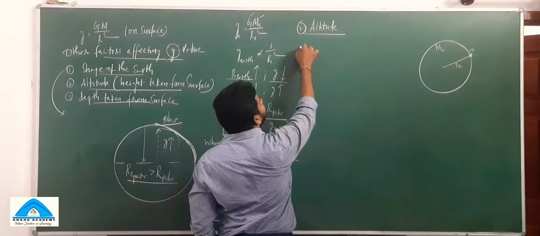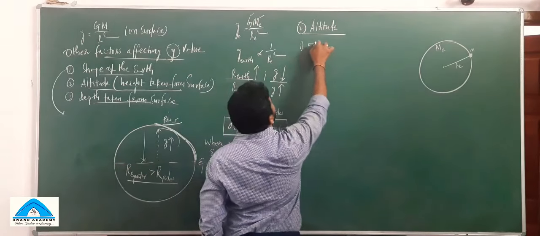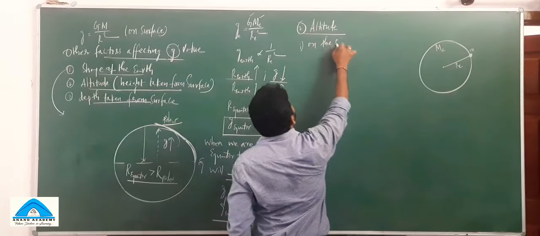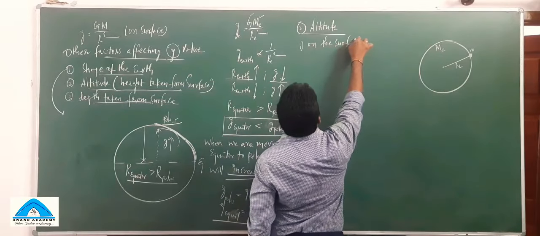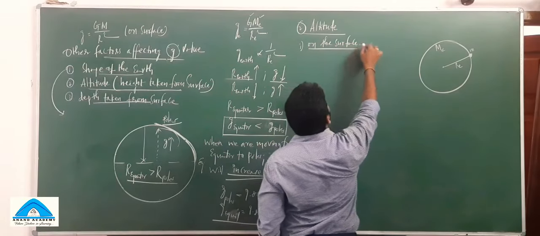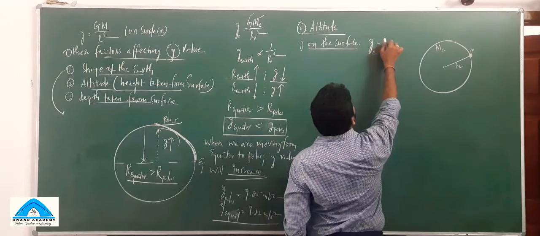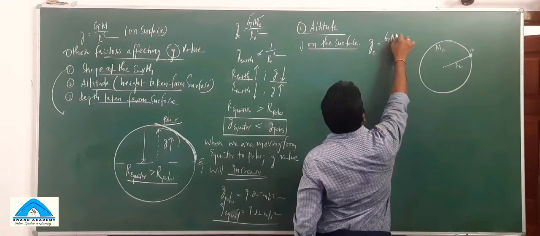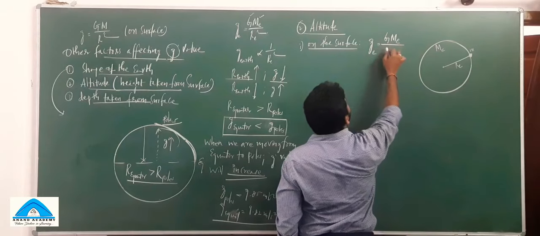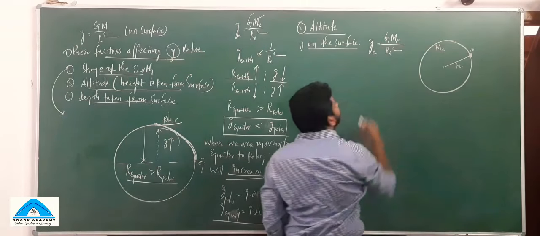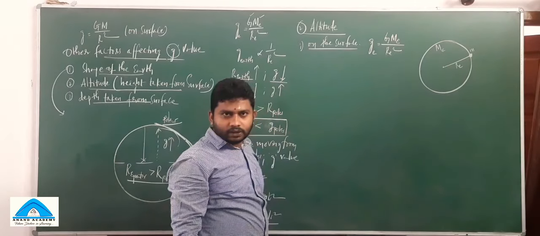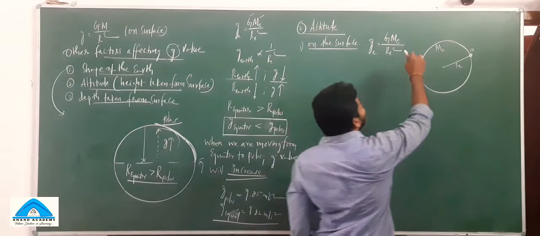So now here the first case, when the small body is kept on the surface, we have already discussed acceleration due to gravity on the surface of the earth is equal to capital G, capital M suffix E by radius of the earth whole square. And look at the interesting part.